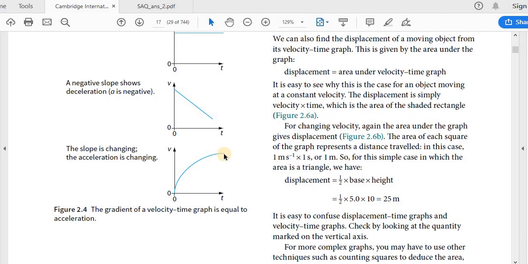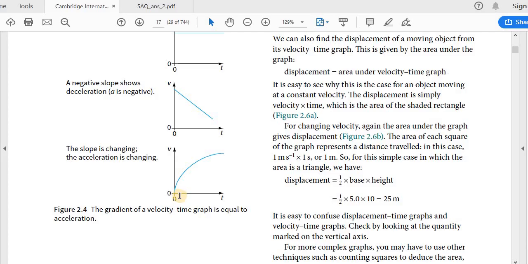There is a positive acceleration, because the gradient of the tangents you draw are positive. So we have an increasing speed. If the acceleration is positive, what that means is the object's speed is increasing. You can see that over here. With time the velocity is increasing. Positive acceleration means speed increases.